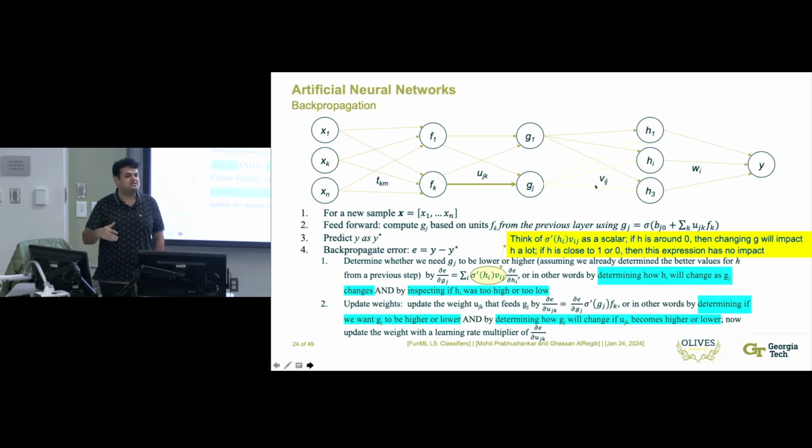So you can create this kind of a greedy algorithm where you have one error, which is y minus y star at the very end. Then you can have multiple errors in the middle. And you can start using these errors to backpropagate one layer and say that I need to update my weights, and go one layer back and say I need to update these weights, and so on.